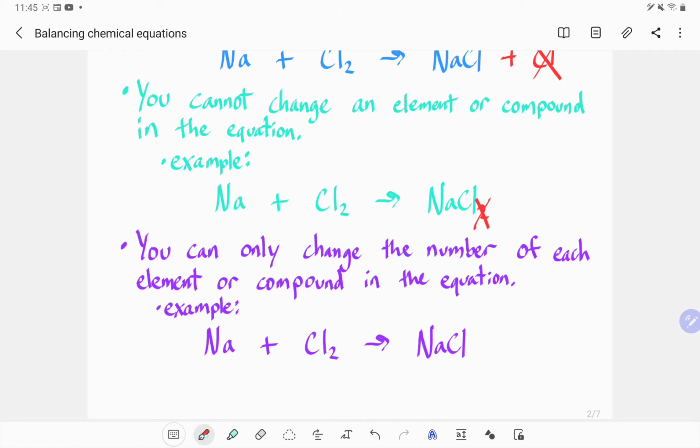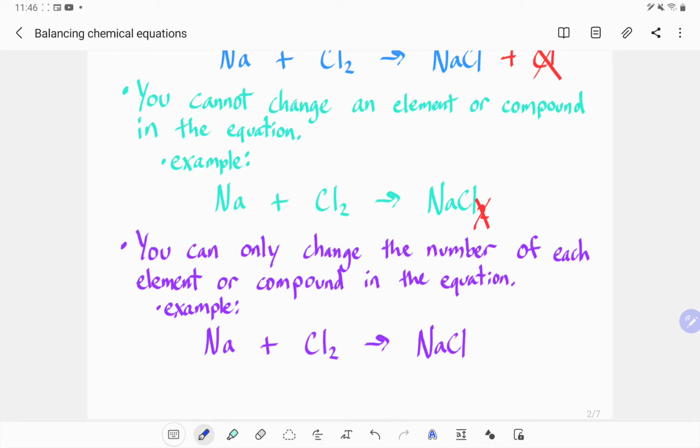All right, lastly, what we can do is we can only change the number of each element or compound in the equation. We said that we can't add an element here. We also can't change any of the compounds. So we can't do either of those.